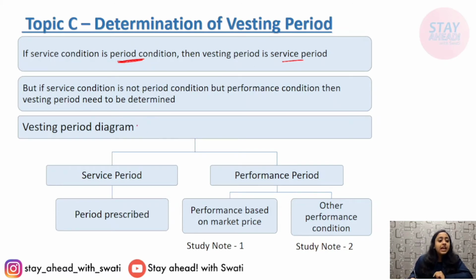Clear? But if the service condition is not a period condition but a performance condition, it can be any performance condition, it can be market price or any other condition, for example a turnover condition. So the prescribed service period is taken as the vesting period, whereas in case of performance based it can be either market price or any other condition. Let's see what happens.